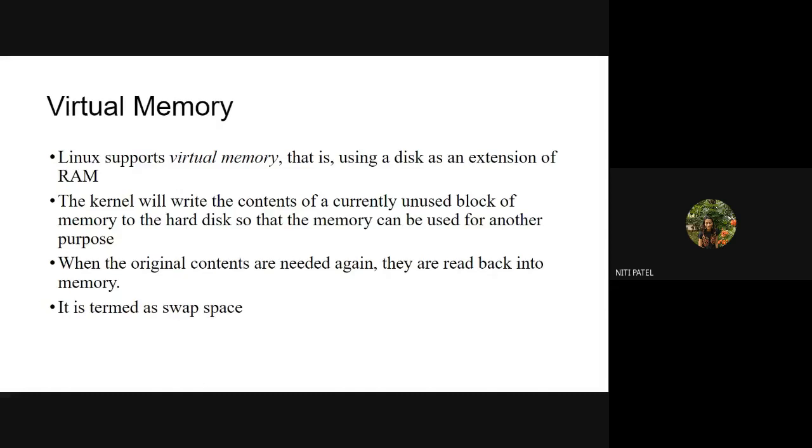Once the execution is completed and the result is displayed to the user, the system will swap in that configuration and temporary files back inside the RAM. That means a virtual memory is some temporary space which is created inside the RAM by the system by deleting some of the configuration files and temporary files for temporary purpose.